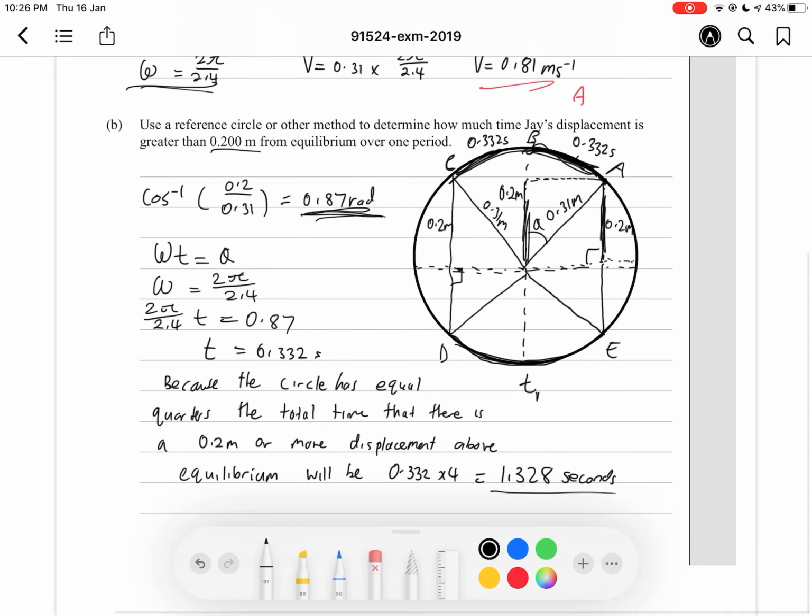So that's the total amount of time that J will be 0.2 meters or more above the equilibrium.